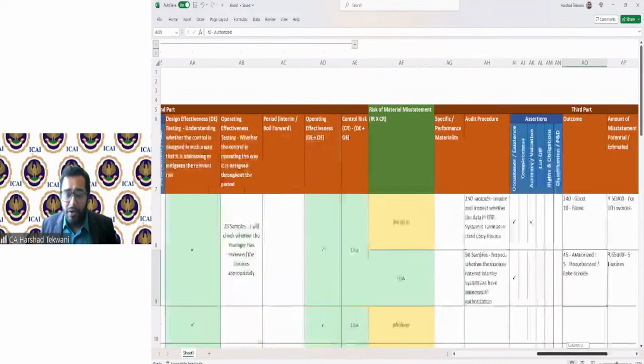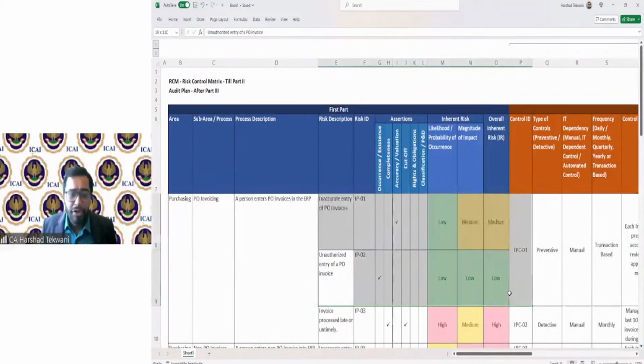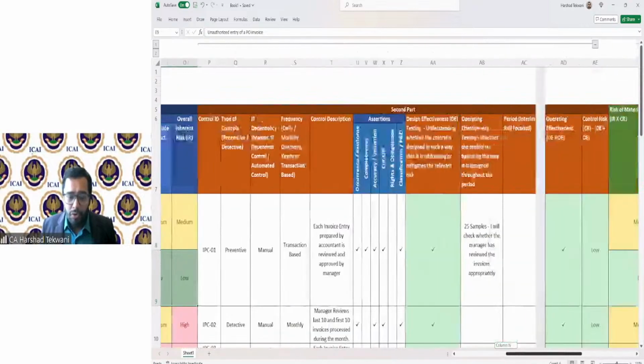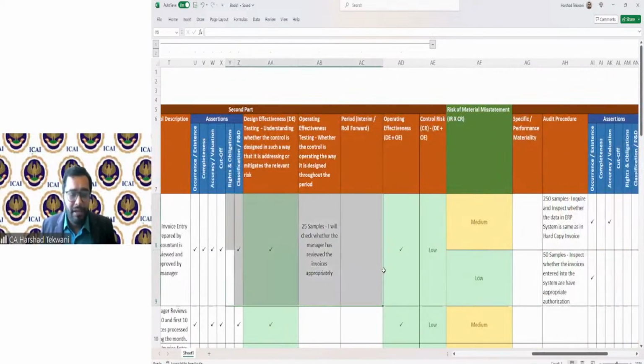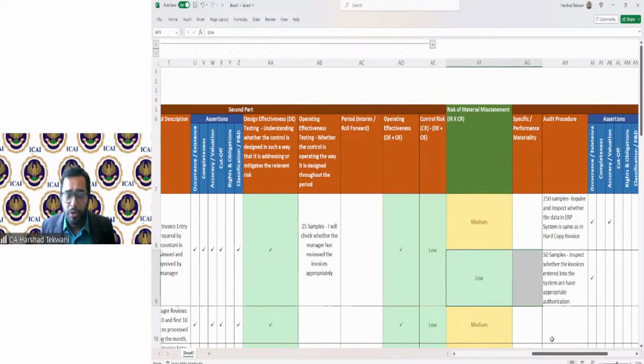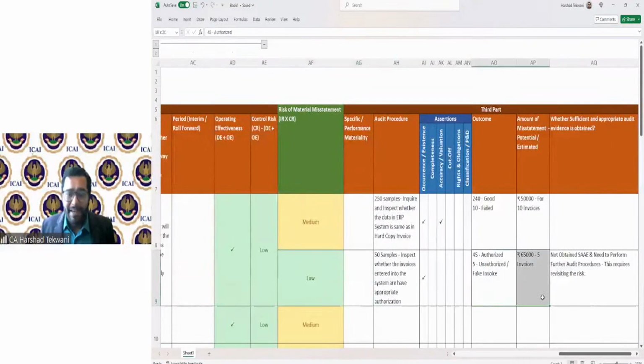I was saying there was no fraud earlier in unauthorized entries, I was saying low, I was saying controls are perfectly fine, there is no issue in the controls. But when I tested, I found something opposite to my assessment. Something similar here.